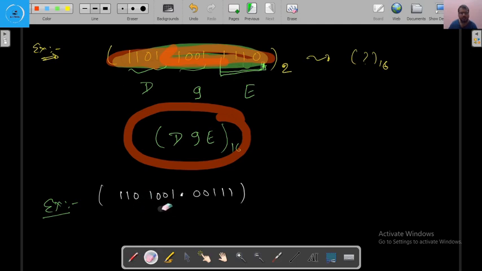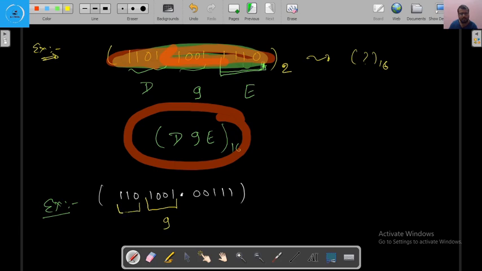Here it is the integer digits and here it is the decimal digits. So first we are going to group it into groups of 4. For this one, 8 plus 0 plus 0 plus 1, this is 9.